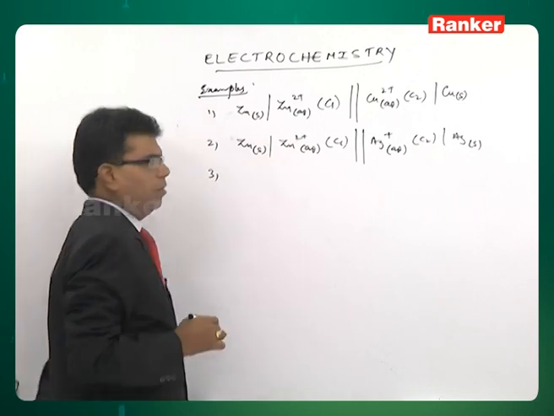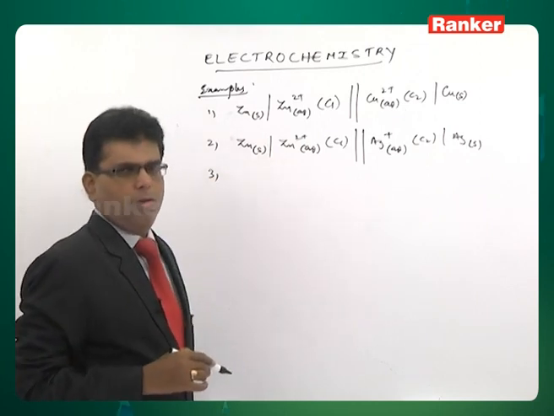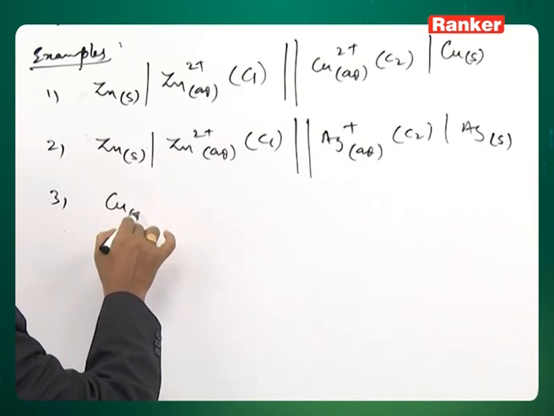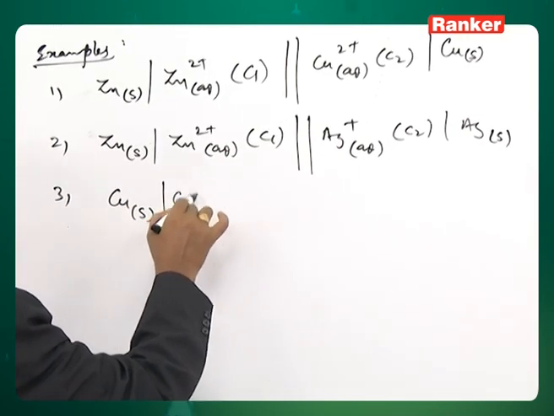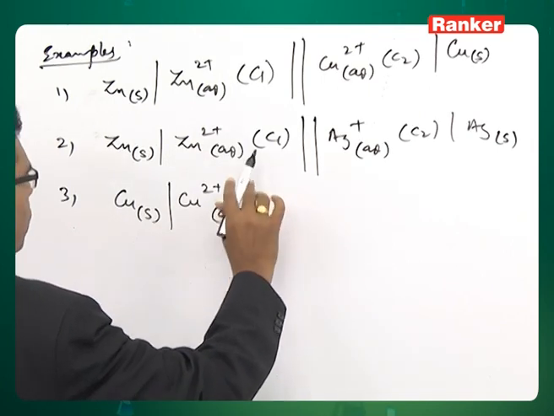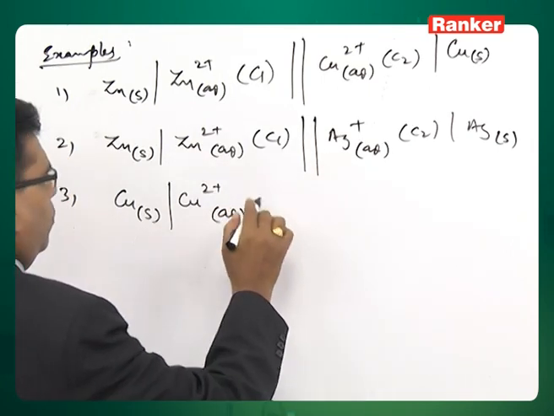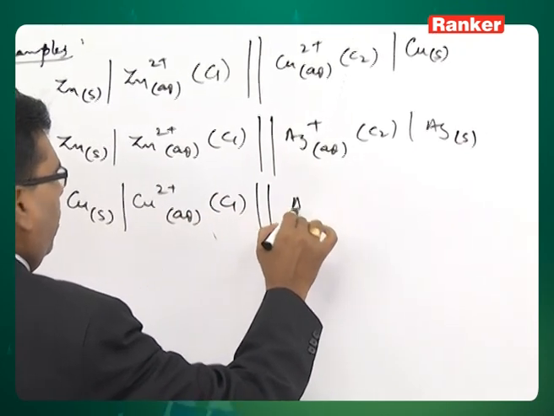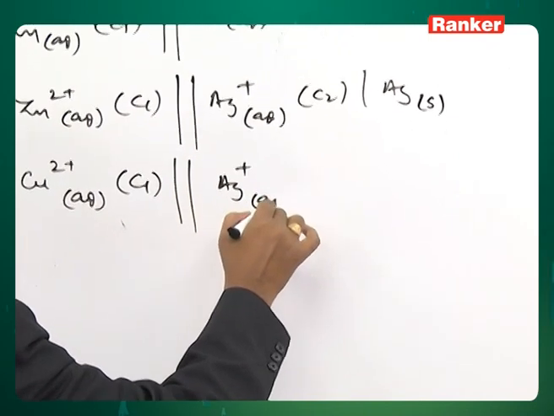But if you use the copper silver combination, then copper will be anode, that will be represented like this, and silver will be cathode.